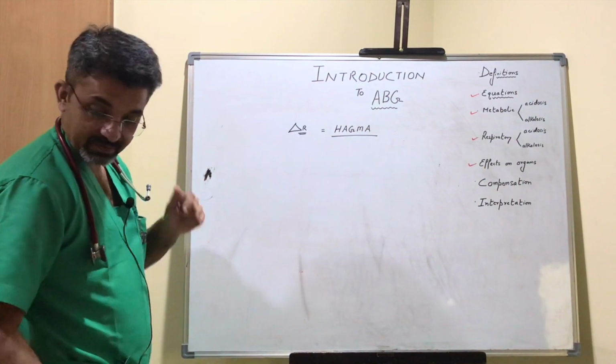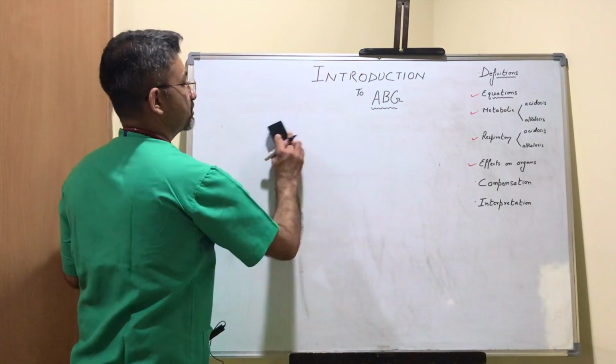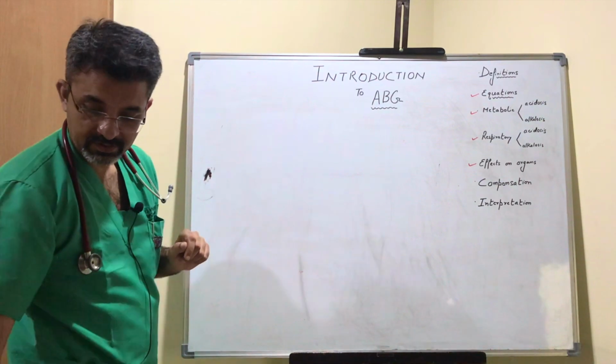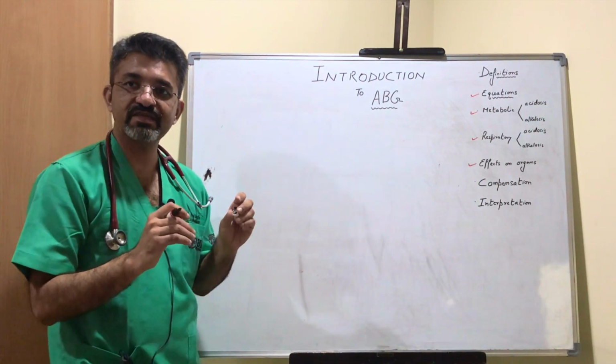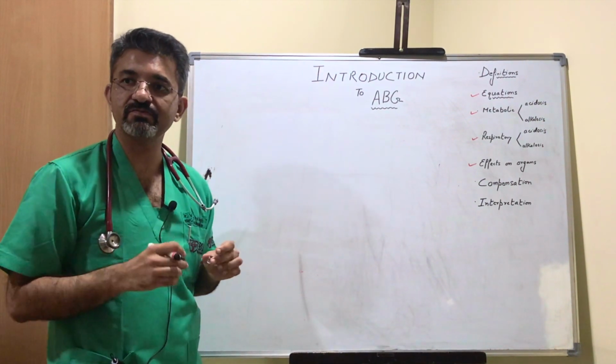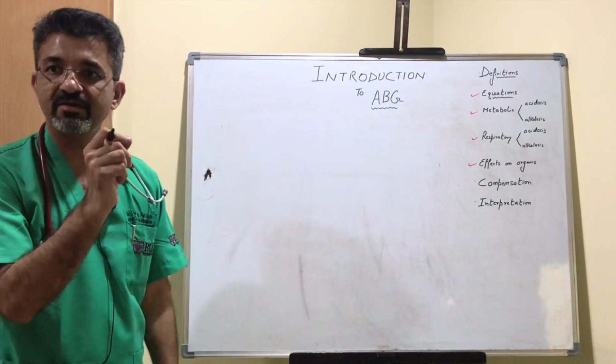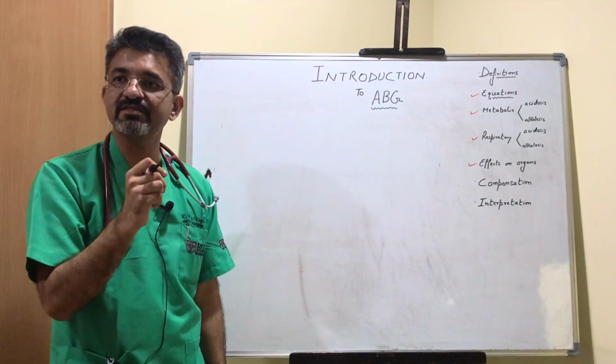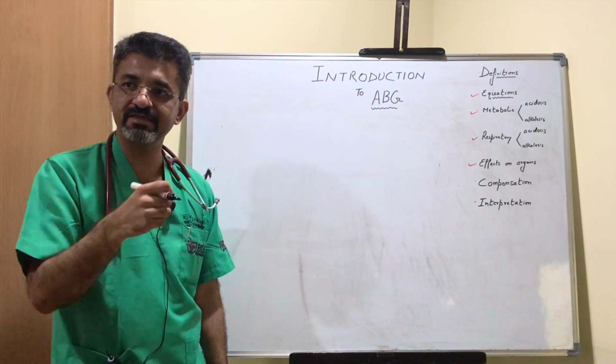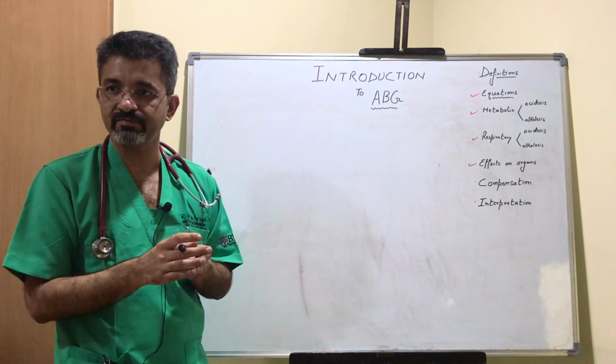Now we come to compensation mechanisms. Nature has made our body in a very profound and beautiful way, wherein for a slight change in the profile of acidity or alkalinity, I have some buffer systems.